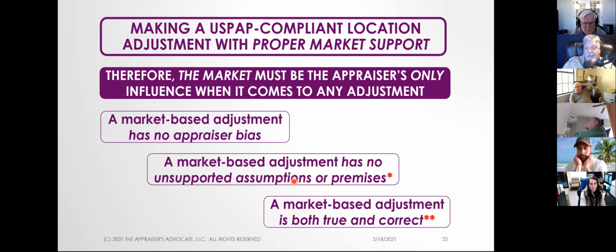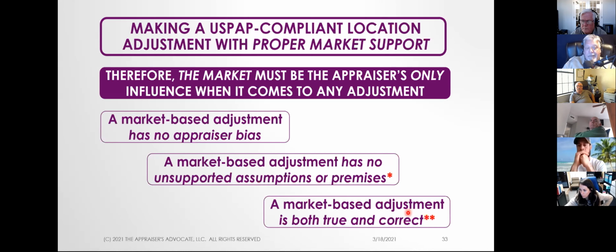Therefore, to say, yeah, there's a 5% busy road versus non-busy road adjustment is perfectly fine to say. But then the comment to Standard Rule 1-3 says that is not an unsupported assumption or premise. There is support behind that.